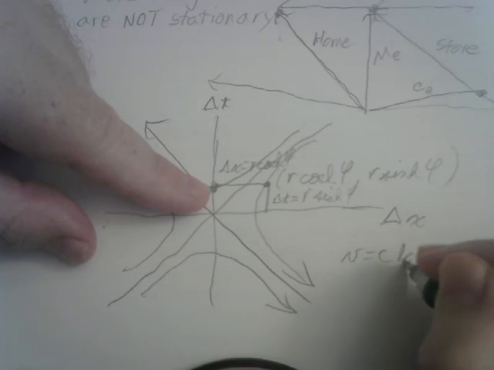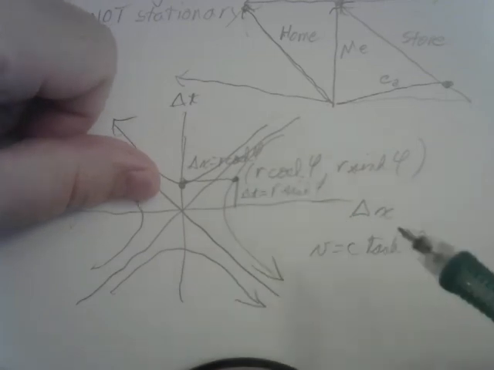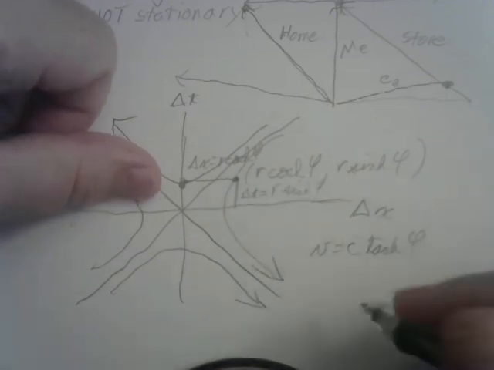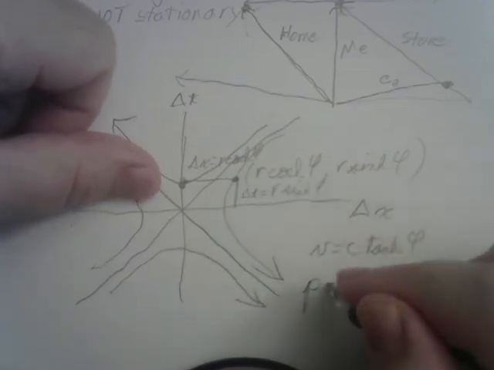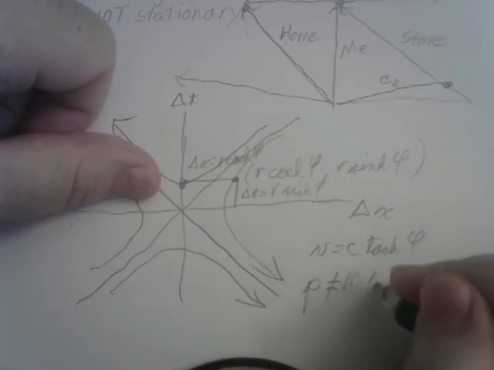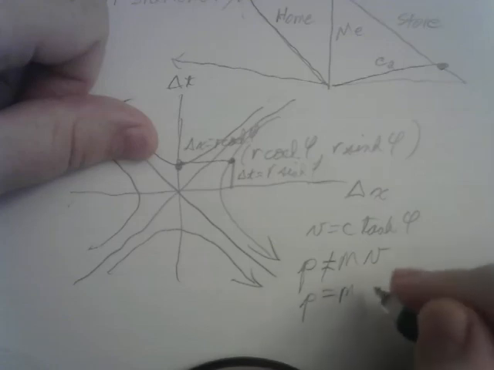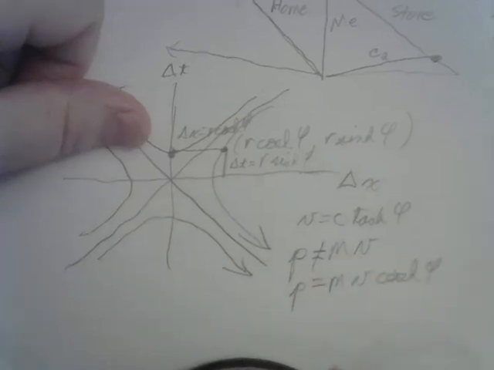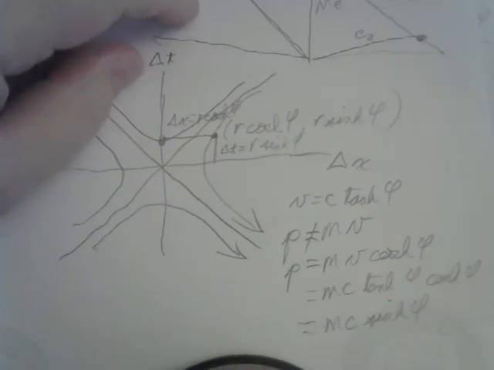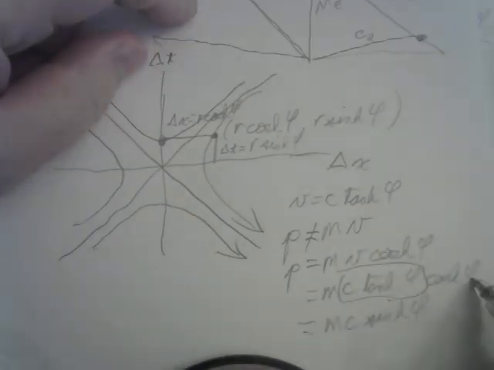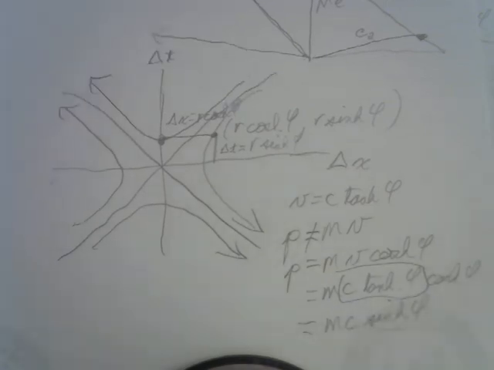Velocity equals c tanh phi. But it turns out that particle does not have a momentum equal to p equals mv, but rather p is equal to mv cosh phi. But v is c tanh phi, and tanh phi times cosh phi is sinh phi.